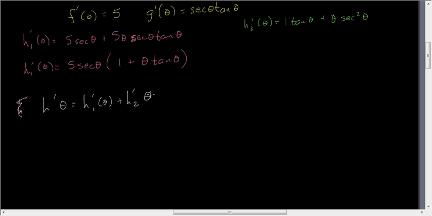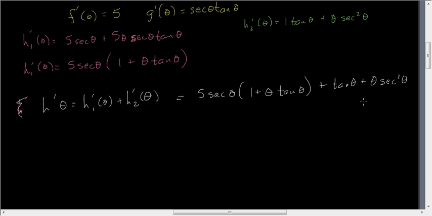And that is going to equal 5 secant theta times 1 plus theta tangent theta, plus tangent theta plus theta secant squared theta.